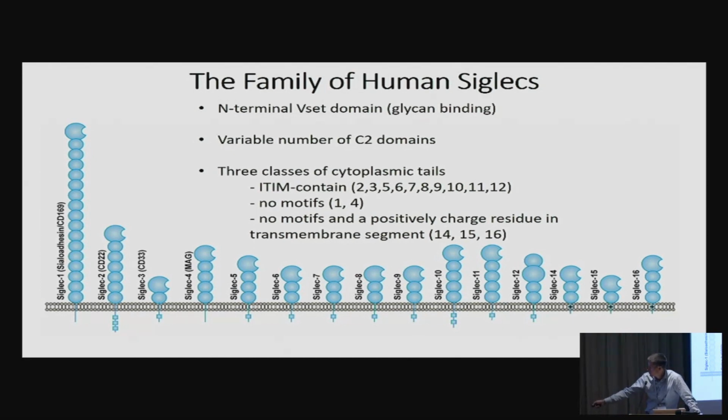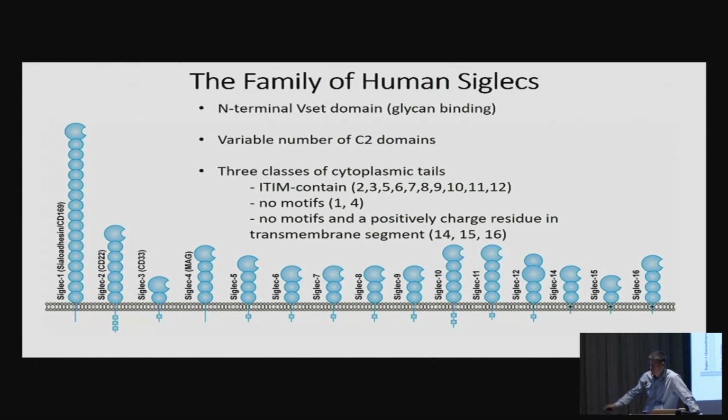And then in terms of the signaling motifs, I sort of classified them into 3 different types. The siglecs that my lab cares about the most are those that have this little blue box, which is a motif that represses immune cell signaling. We'll get into that more. So that's contained in all these different siglecs.